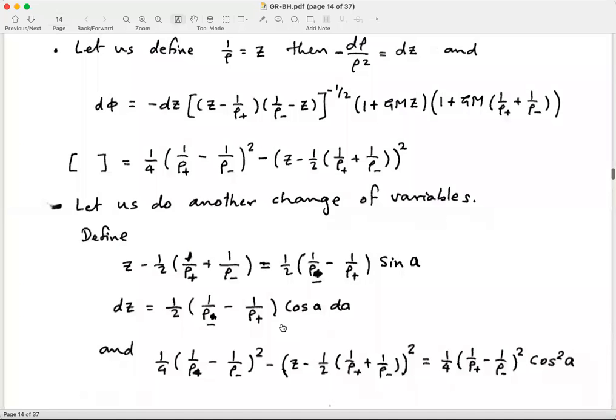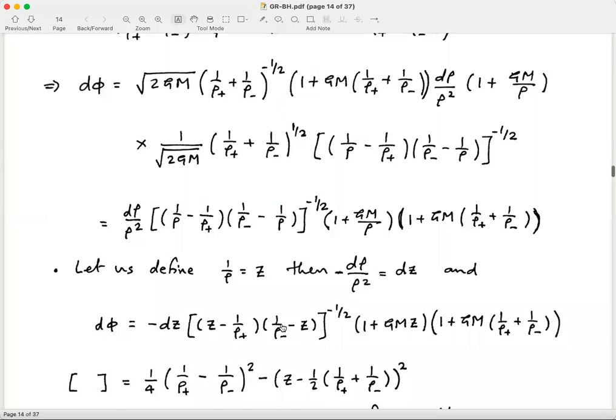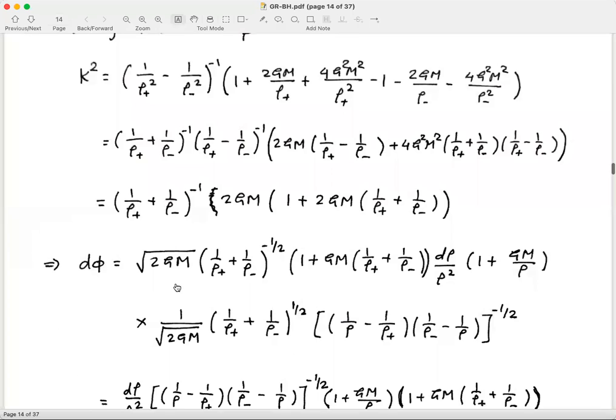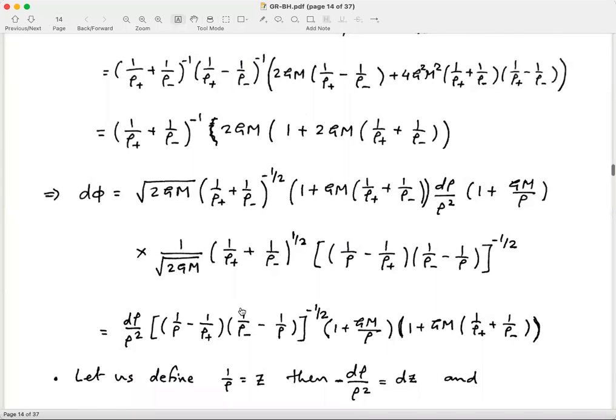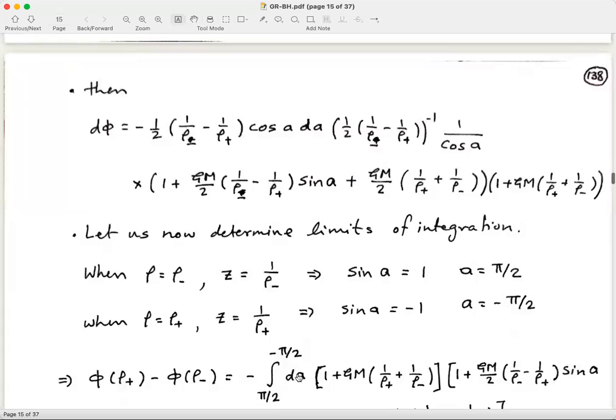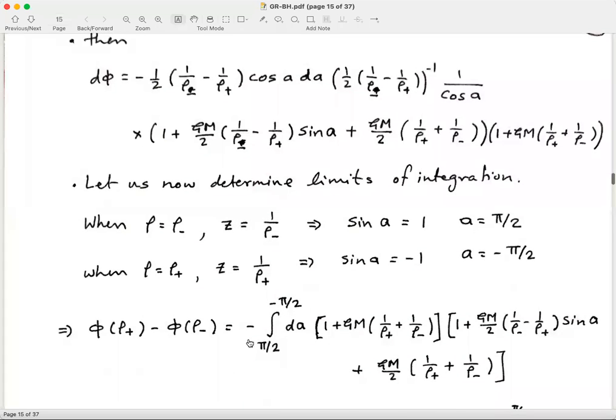Okay, so the integral that we were supposed to do, which was not written anywhere actually, but when you kind of find out the phi values, you will have to do this integral. That integral written in terms of a variable is from minus pi by 2 to pi by 2. Okay, so if you kind of write down a sign correctly, then it gets pi by 2 to minus pi by 2, it doesn't matter. Okay.